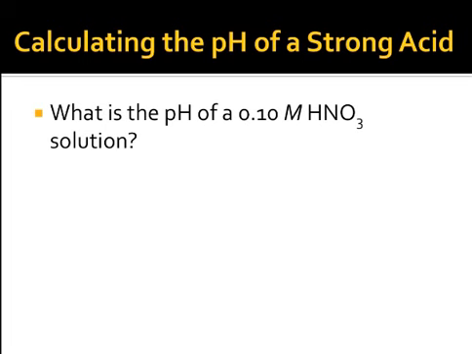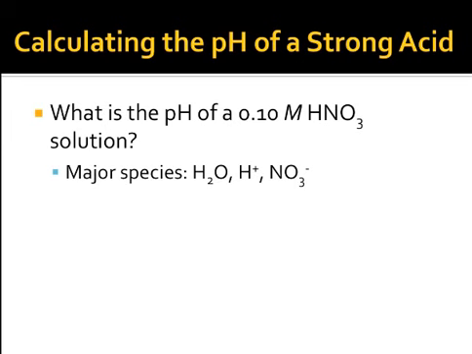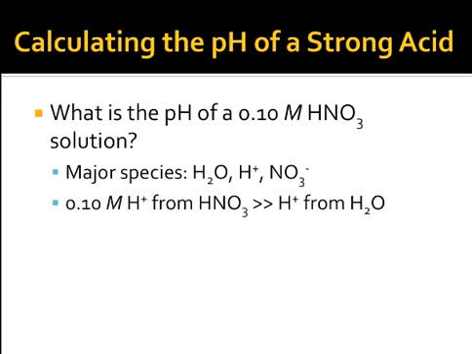What's the pH of 0.10 molar nitric acid solution? To solve this problem, first consider the major species in the solution. This time the major species would be water, hydrogen ions, and nitrate ions. Since the hydrogen ion contribution from the acid is much larger than that from the autoionization of water, the acid's H+ contribution will determine the pH.